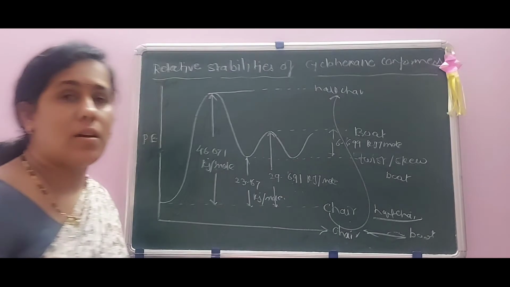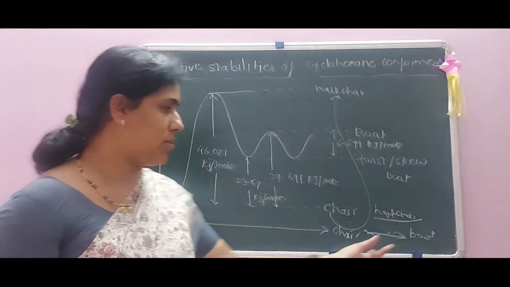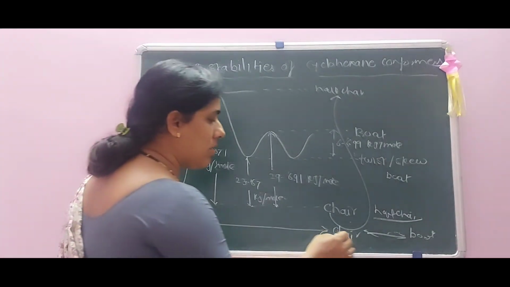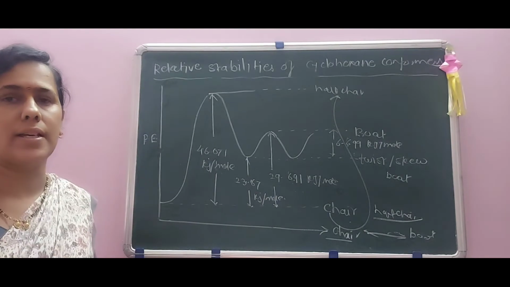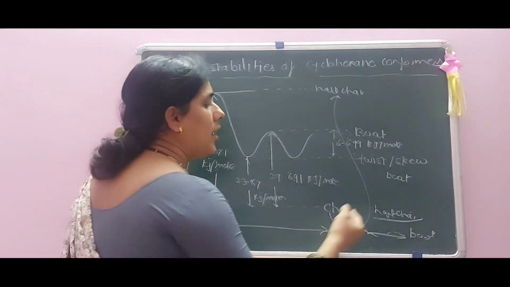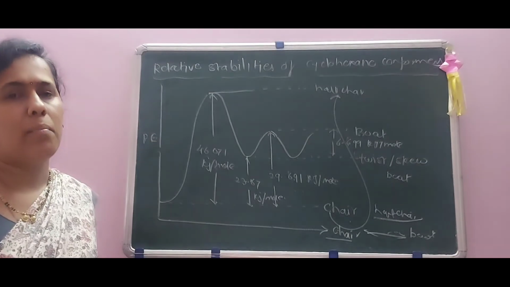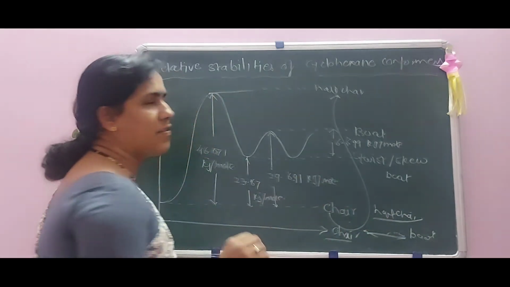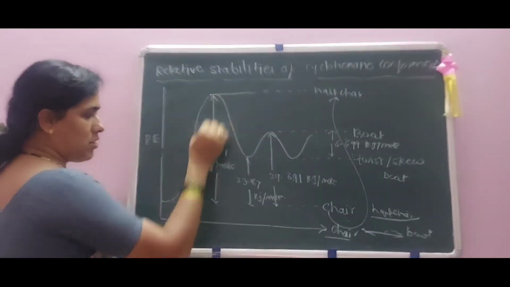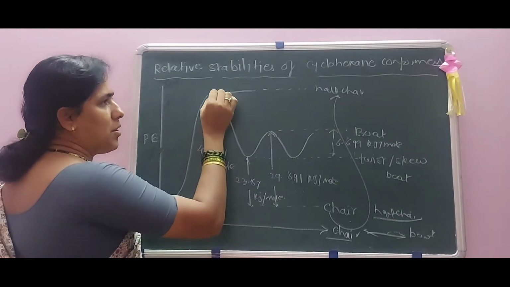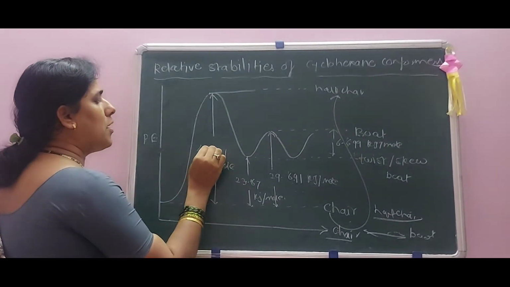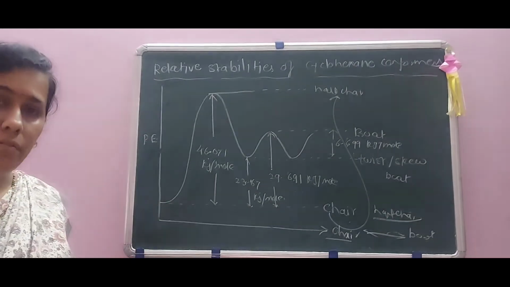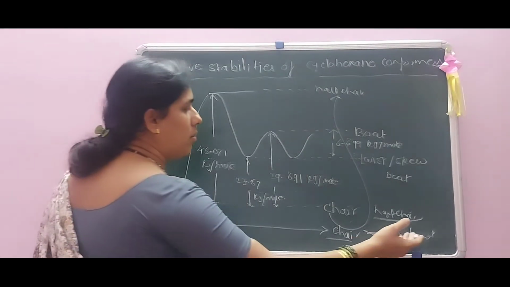Whatever extra energy is acquired by the boat conformation, when the chair form acquires that amount of energy, it can be interconverted into the boat form. But at normal room temperature, this conversion takes place through a half chair, which has the higher energy barrier, from chair to half chair equal to 46.071 kilojoule per mole of extra energy. When the chair form acquires it, it is converted into a boat form.